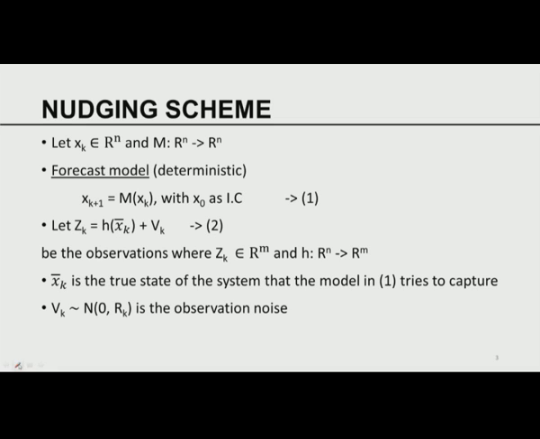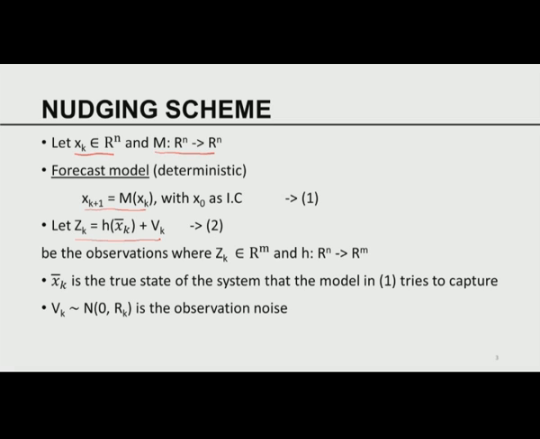So, to get a feel for this nudging scheme, let us consider a state x_k at time k, which is in R^n. M is a map from R^n to R^n. The forecast model I am assuming to be deterministic with x_0 as the initial condition. The observations are again a nonlinear function of the state. x bar is the true state of the system that is not known.